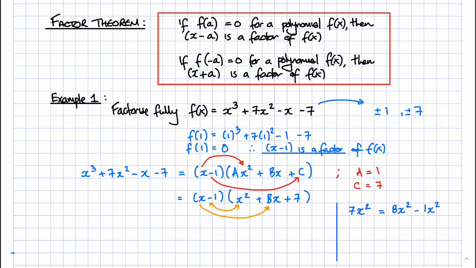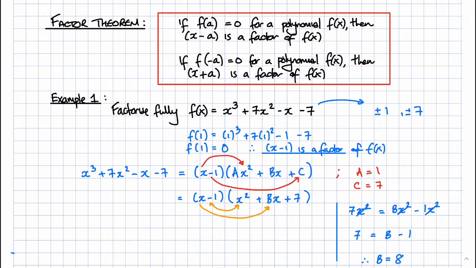Now remember, we're only trying to determine the value for b. So what will b be so that I can obtain 7x squared? Just to make our life a little bit easier, let's strike off the x squared terms. So we're left with 7 is equal to b minus 1. And this should be fairly straightforward. We can see that b in this case must be 8, since 8 minus 1 gives you 7. So we have now obtained the value for b.